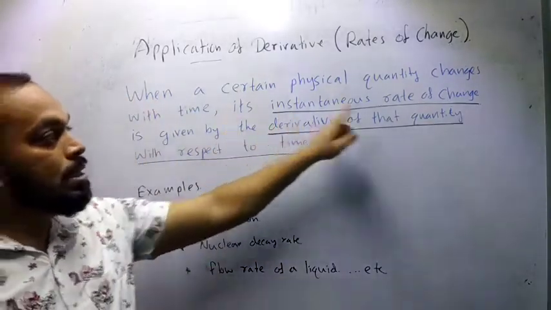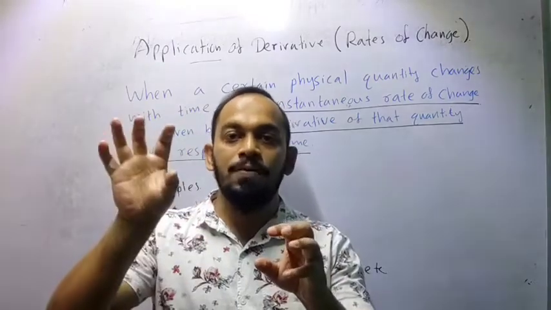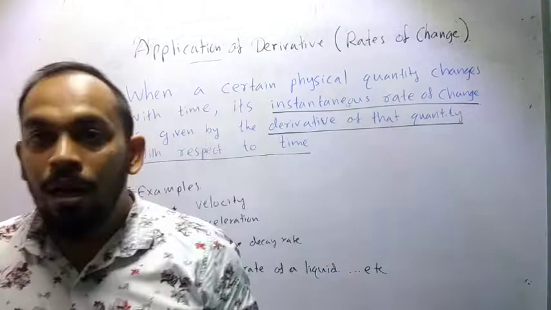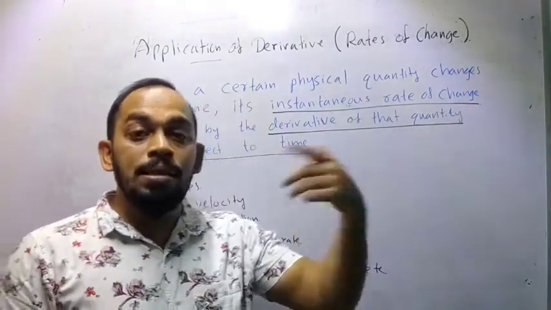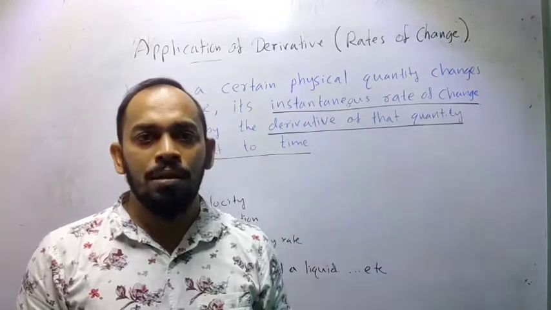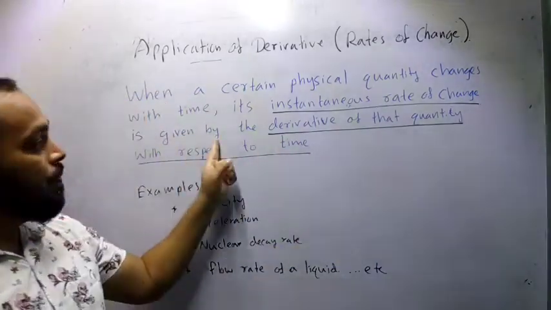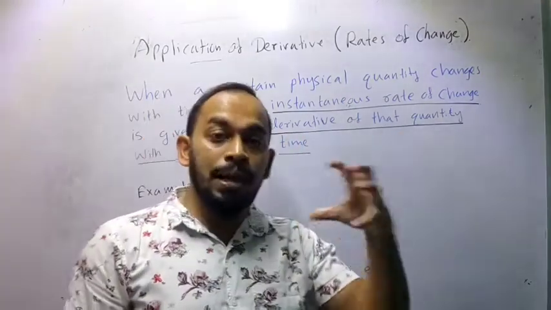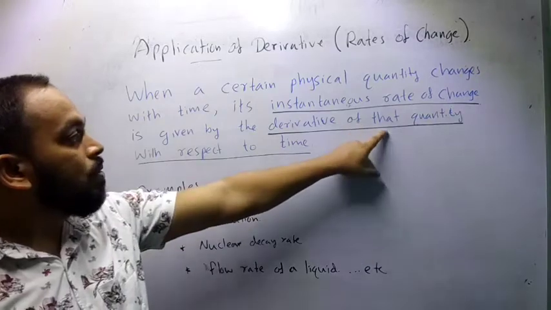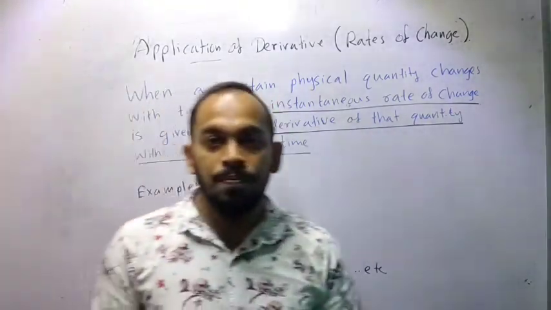So it's the instantaneous rate of change. Suppose we can find a function between that physical entity and time, then its instantaneous change at that particular moment, at that particular instant, is given by the derivative of that quantity with respect to time, right?